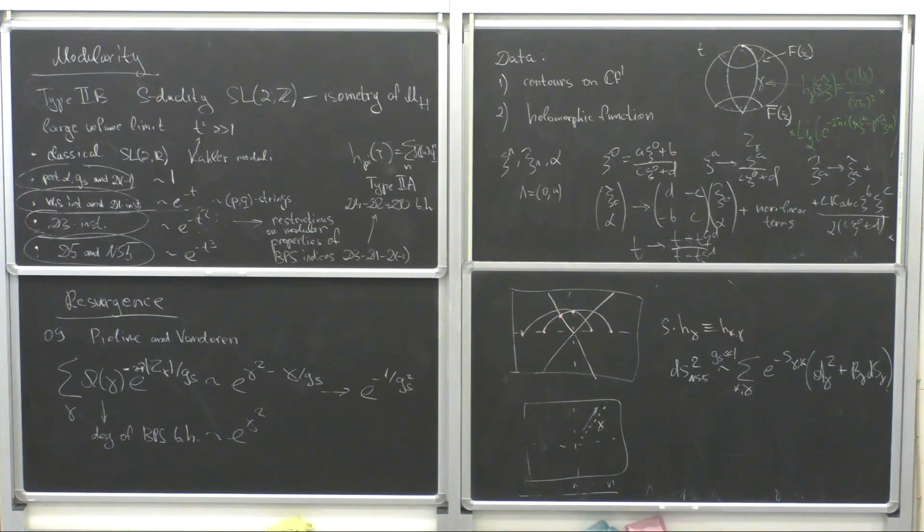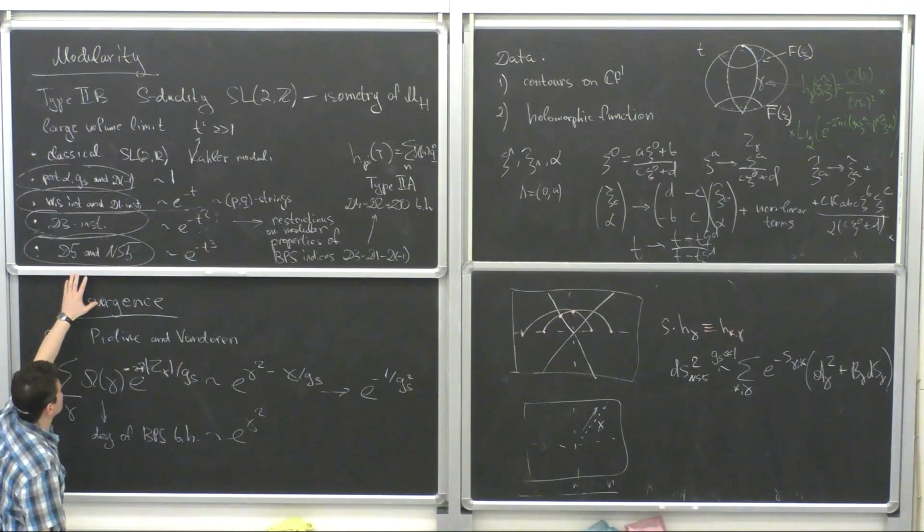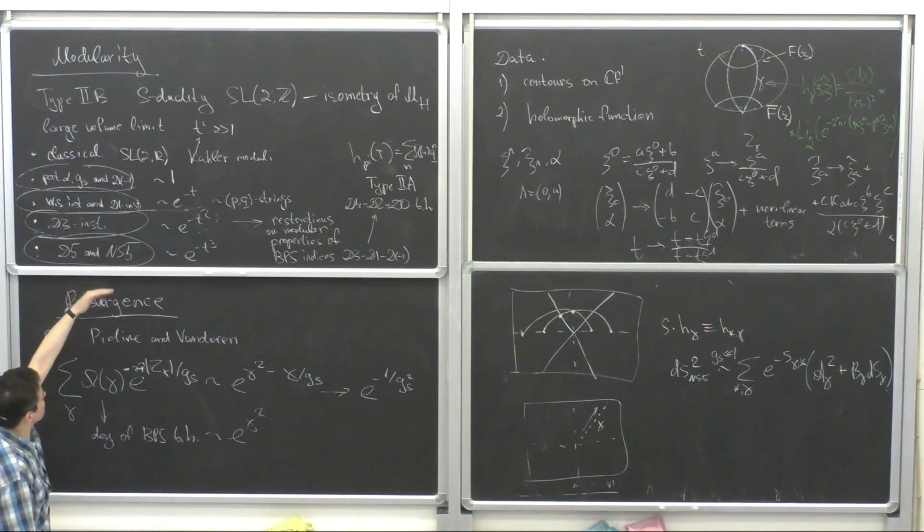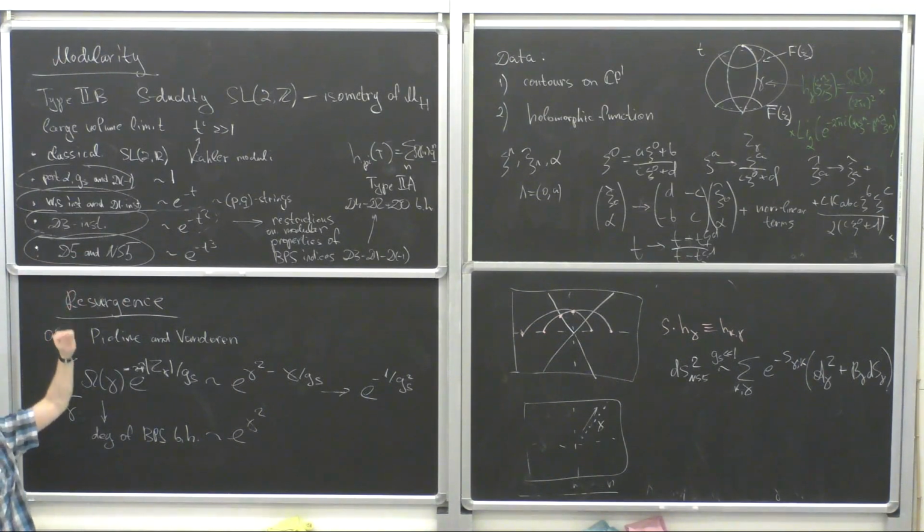Well, I don't know. I didn't think about this, but I don't see how you would get it precisely. Because if you take g_s finite and just consider the large volume, well, there is this hierarchy, but it's unlikely that you can think about them as different levels of resummation.